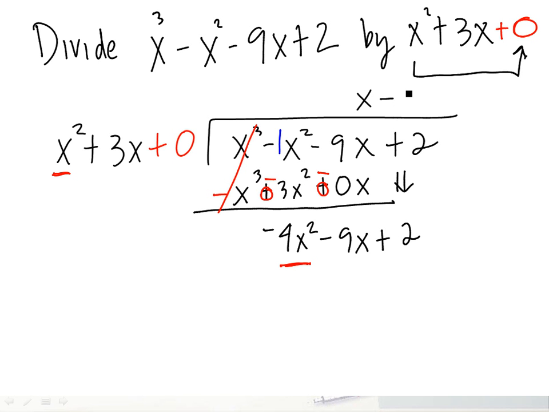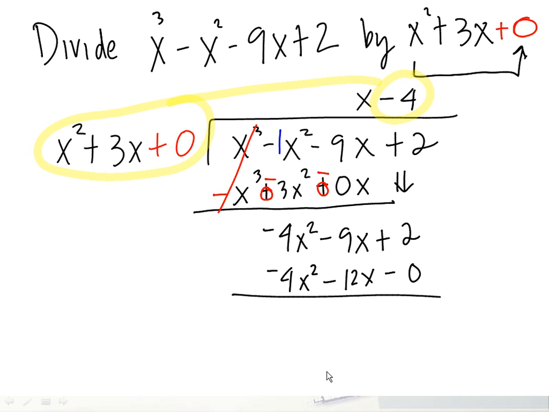It's -4. Alright, erase this. What is -4 times all of this over here? It is -4x squared minus 12x minus 0.